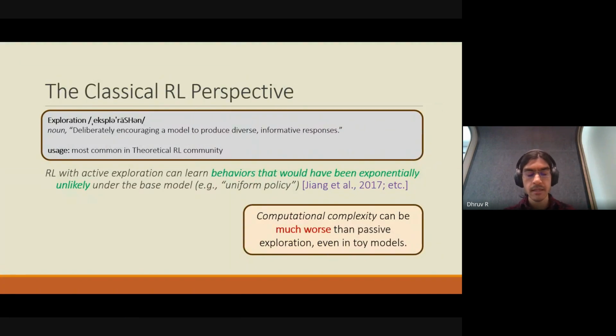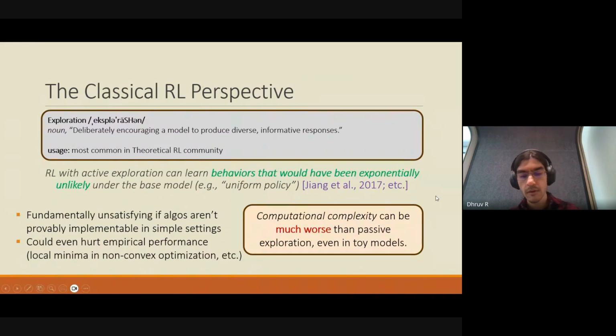So as I will discuss later in more formality, the computational complexity of reinforcement learning methods that use active exploration can be much, much worse than the computational complexity of reinforcement learning methods that are doing some sort of passive exploration. And this will hold even in very simple toy models. As theorists, this is just fundamentally unsatisfying if our algorithms are not provably implementable, at least in very simple settings.